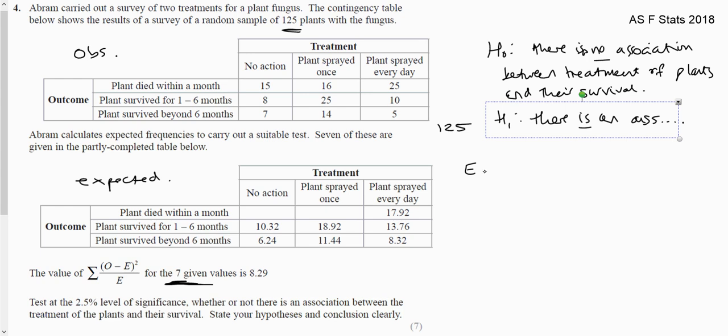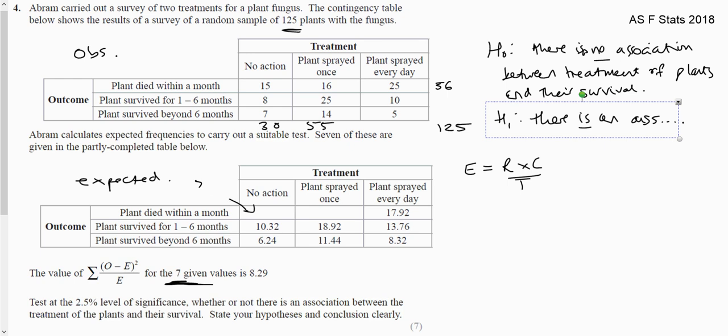So remember, for our expected values, it's the row total times the column total divided by the grand total. So if I work out my row total and my column totals that I need, then I can work out my missing values here.